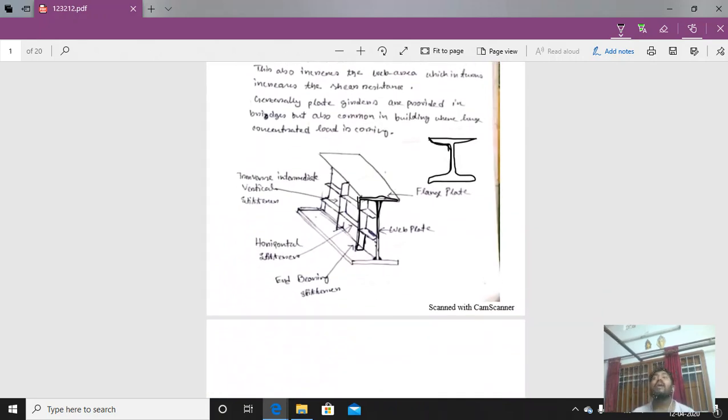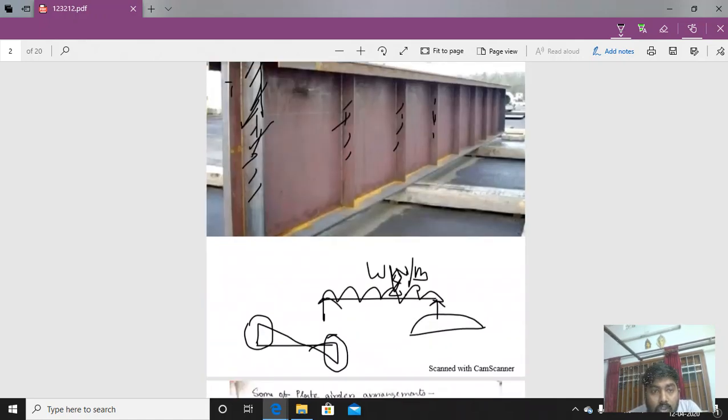Now coming to the horizontal or longitudinal stiffener. The longitudinal stiffeners are also provided if needed, to resist the extra force in the girder. So these are the stiffeners. This is the use of stiffeners to increase the web area.